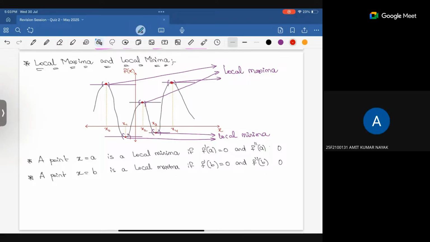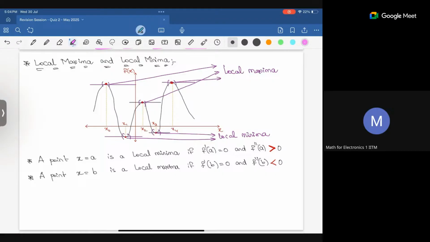It's greater than 0. If it is greater than 0, it is local minima. If it is less than 0, it is local maximum. So only two things we have to compute.